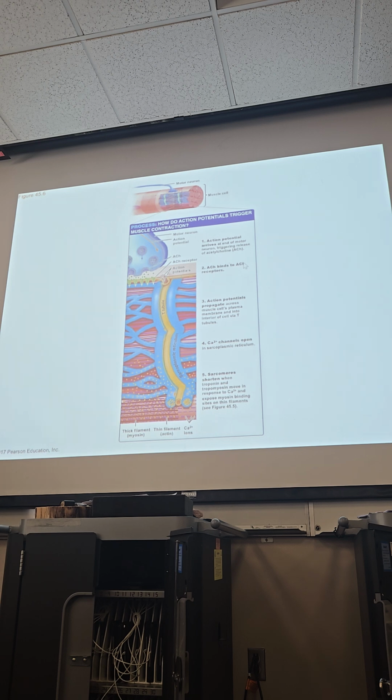Calcium then is going to bind to the actin filaments, and that is going to allow the heads to slide across, creating a contraction. More calcium, longer, harder contraction. You would need ATP to release the myosin head. Okay?